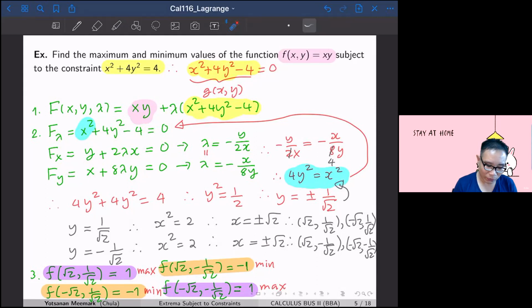So you have to see first that if you have x equal to 0, y must be 0, and if you have y equal to 0, x must be 0. So it's not going to satisfy our constraint. So we can just divide by x and divide by y. The algebra here is correct. Okay, so don't worry about that.